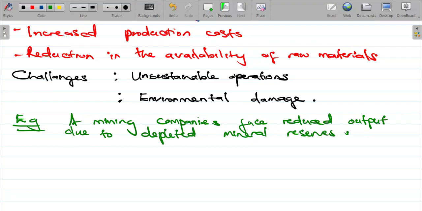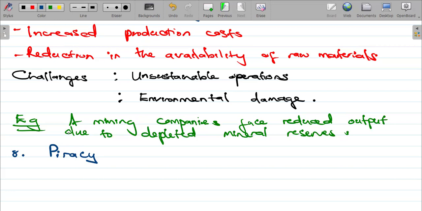Right. Okay, let's move on to another socio-economic problem that has an impact on productivity, which is piracy. Piracy also has an impact on productivity.